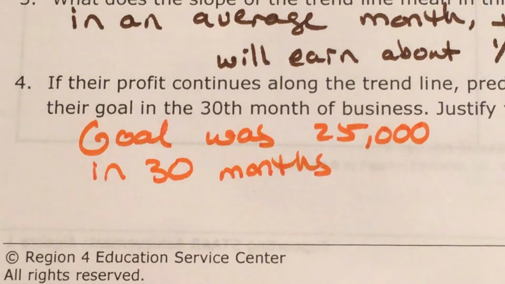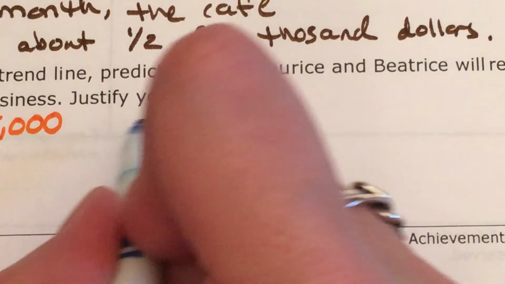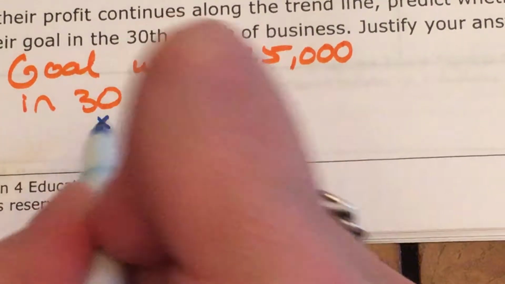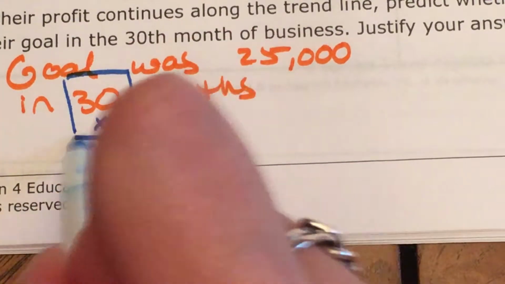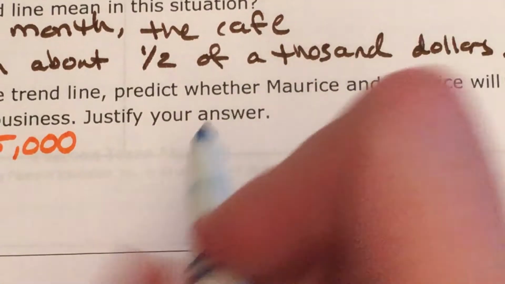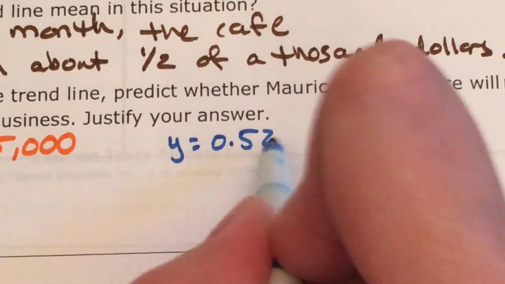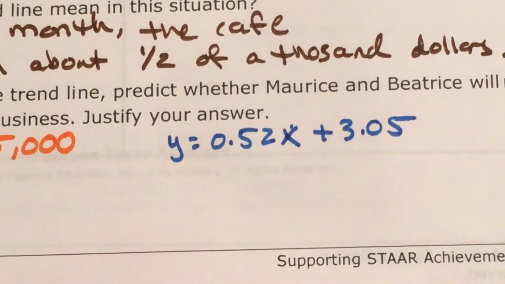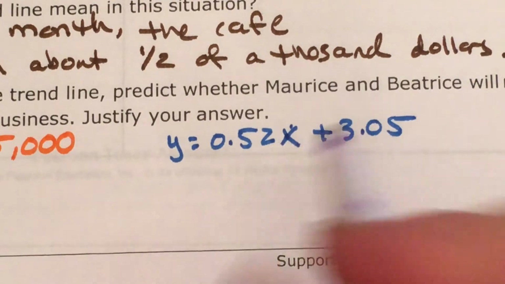So let's use our equation to determine if that's going to happen. I don't know. Let's find out. So 30 is your months. This is your X. It's your timeline. So if our equation, y equals 0.52x plus 3.05, let's put that 30 in for the x.